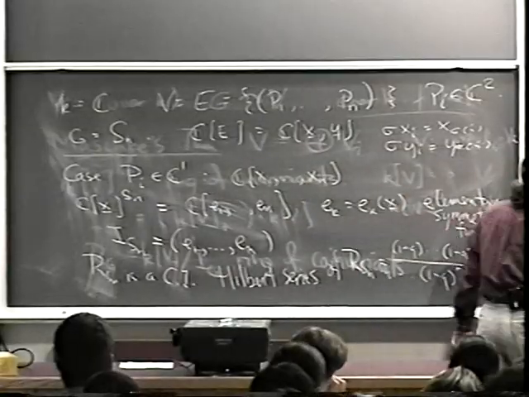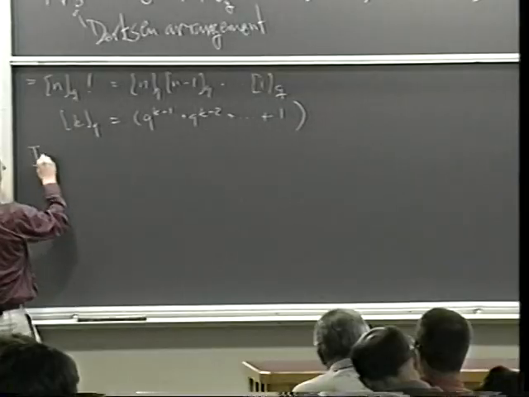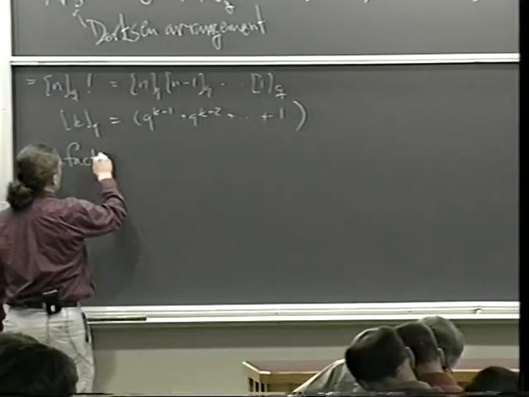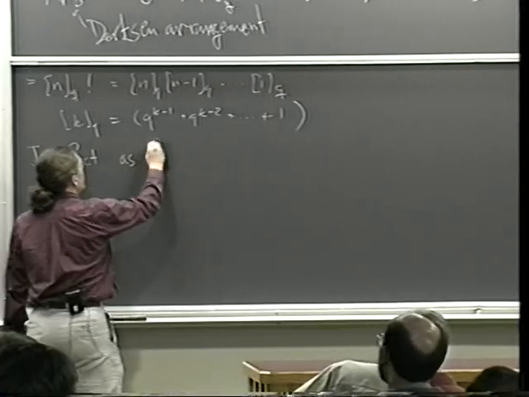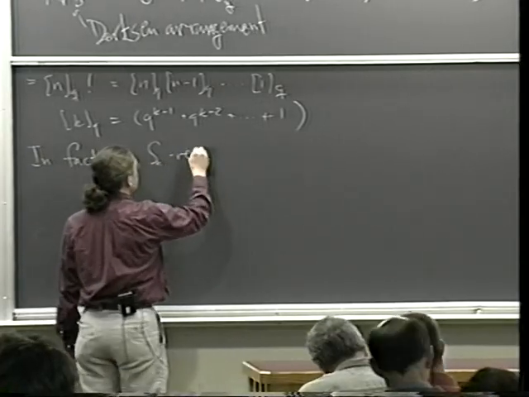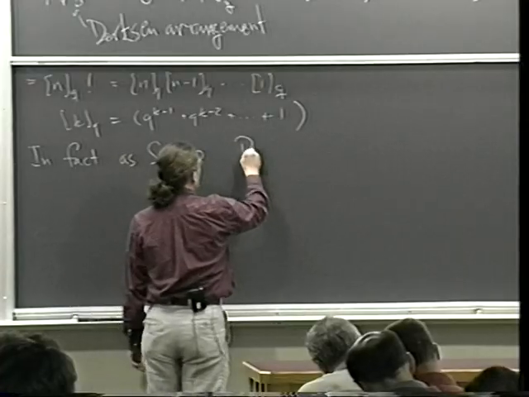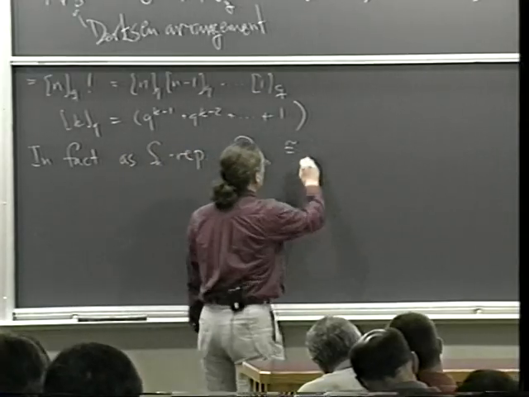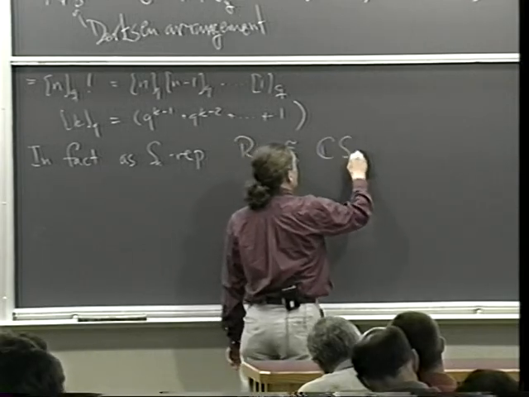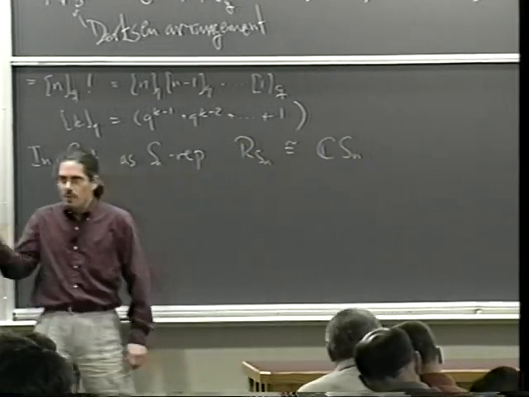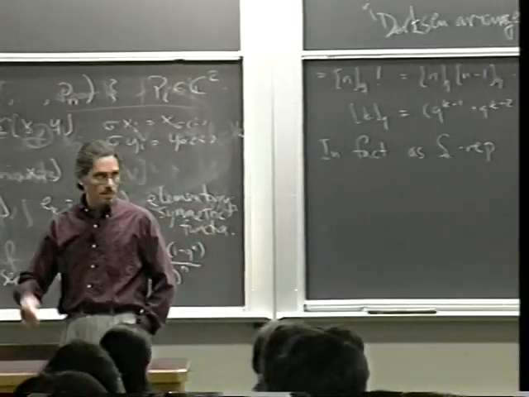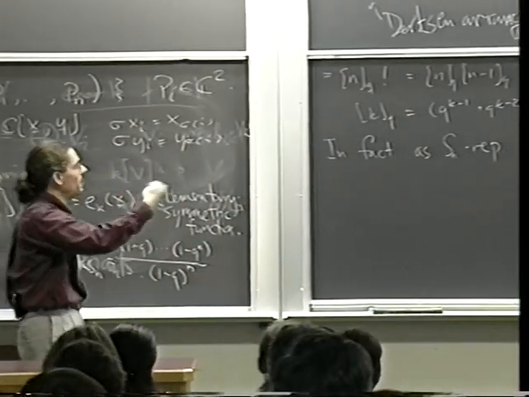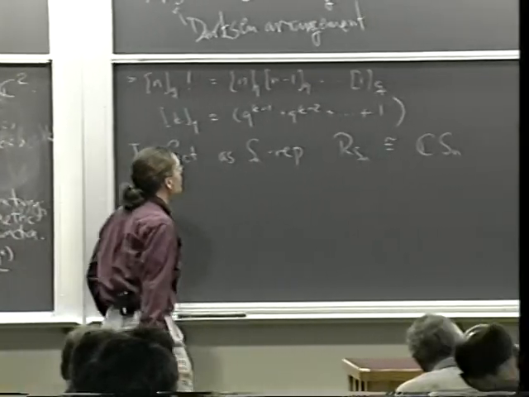Okay, and one can say a little more. In fact, as an S_n module, as an S_n representation, this ring of coinvariants is isomorphic to the regular representation, which is the action of S_n in effect on itself, that is, on its group algebra, on the linear space formally spanned by the elements.